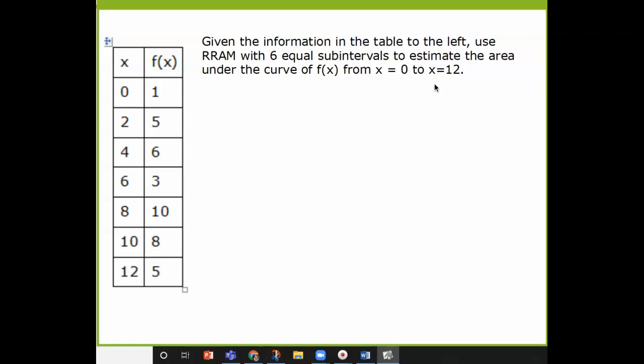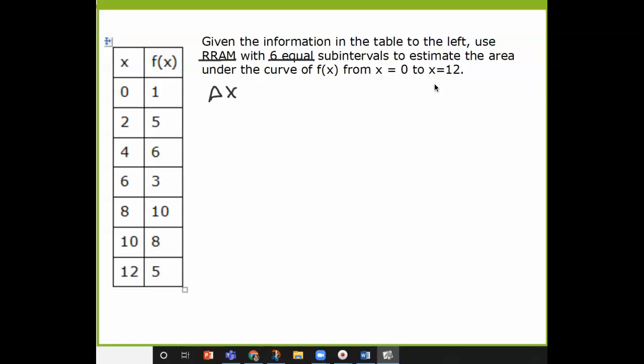So this example we have on this page, you can see in each part, I'm changing the number of subintervals, so that you can see how a table and the different subintervals change your values. So it says, given the information in the table to the left, use a right RAM with 6 subintervals to estimate the area under the curve.